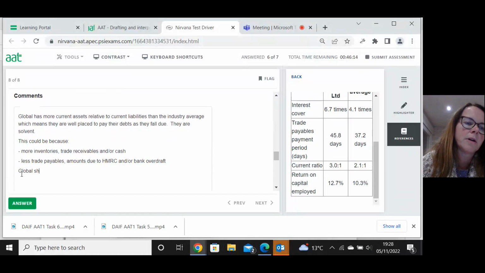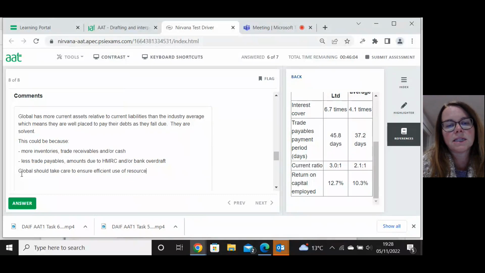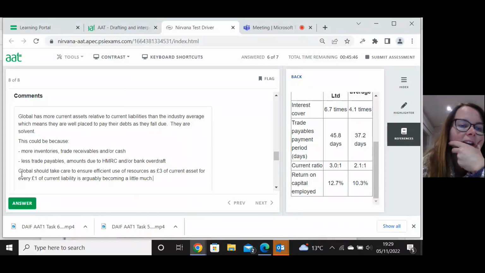So Global should take care to ensure efficient use of resources as £3 of current asset for every £1 of current liability is arguably becoming a little much. I'd say something like that. We're looking for an optimum around about 2 to 1 current ratio.